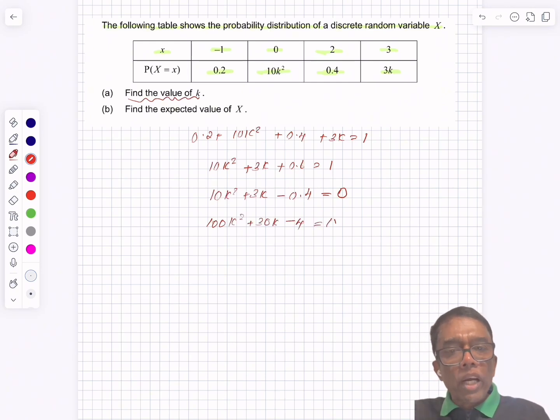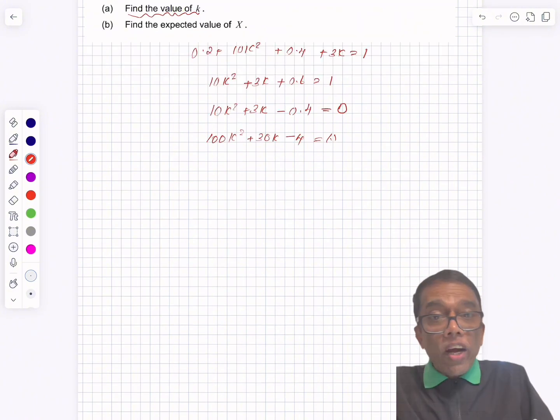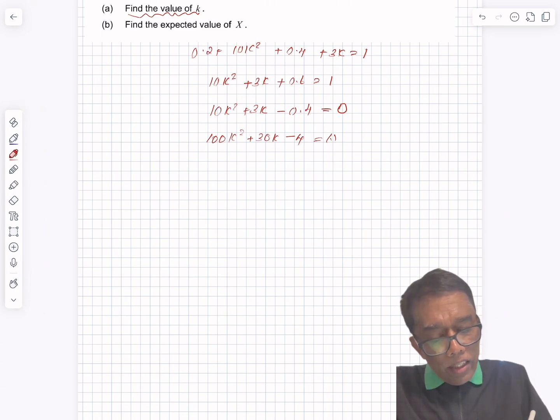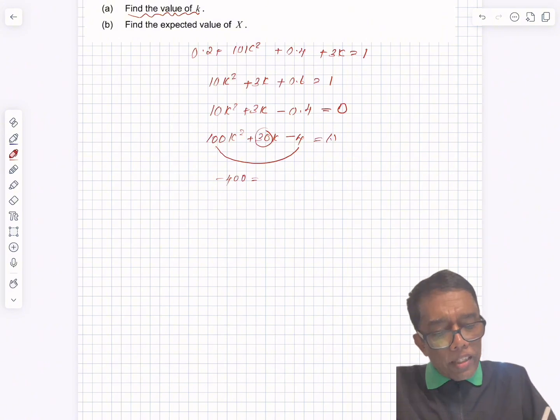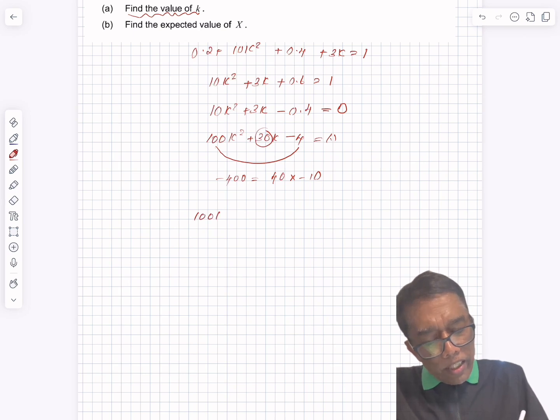Now we have to factorize this one. How do we factorize this? 100 times -4 is -400, we have to find the factors of -400 to make 30. Here, what is it? 40 times -10.